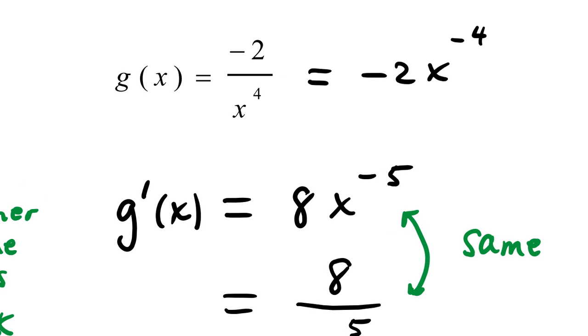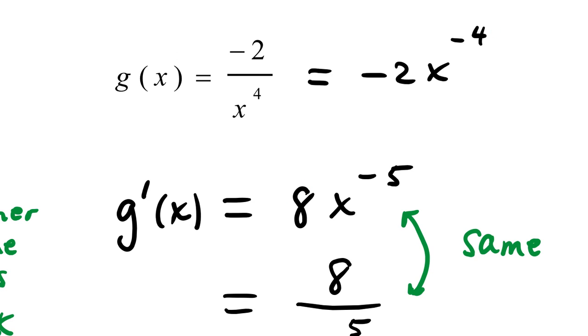In our next example, it's very similar. We have negative 2 over x to the fourth. If this were negative 2x to the fourth, then it would be in the proper format and we could just directly apply power rule. But it's not. We need to move this up. It's okay to move it up as long as your 4 changes sign. Negative 2 times negative 4 is positive 8.